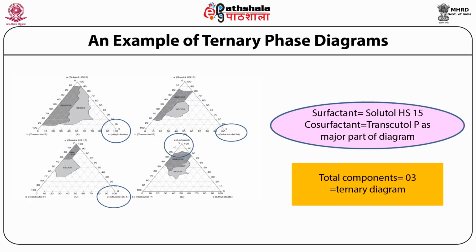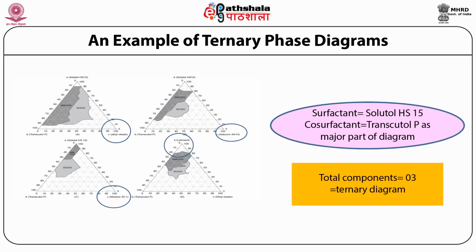In the fourth triangle, you can see the replacement with Maisine 35. And in the last Gibbs triangle, Solutol HS15 is replaced with Labrasol. So in these four Gibbs triangles, only three components of a microemulsion are to be optimized. Therefore, such diagrams are called ternary phase diagrams.